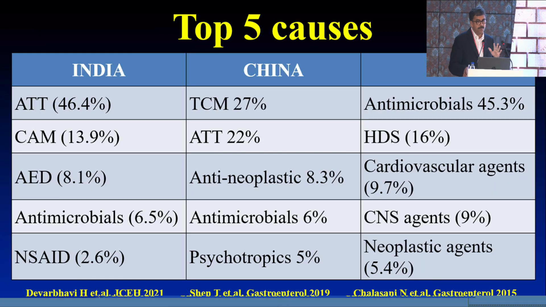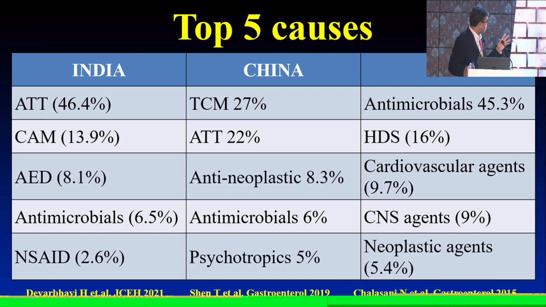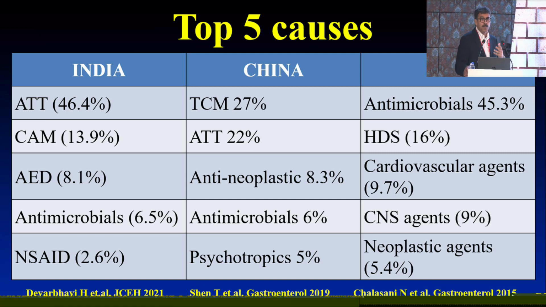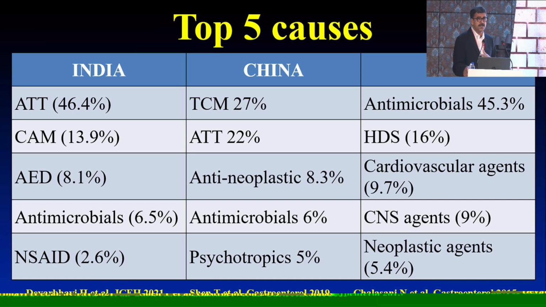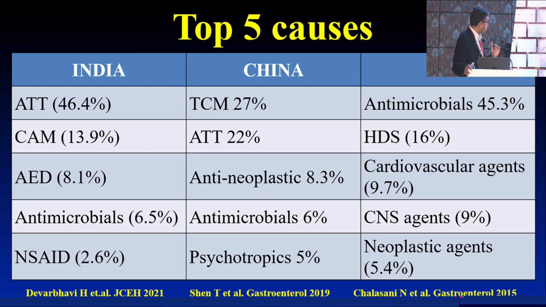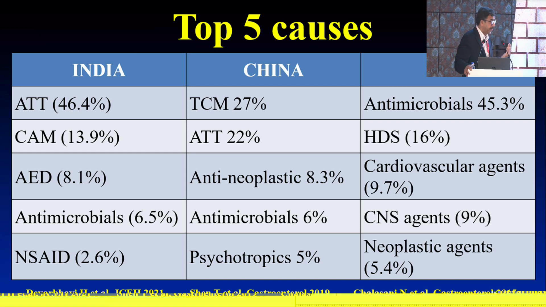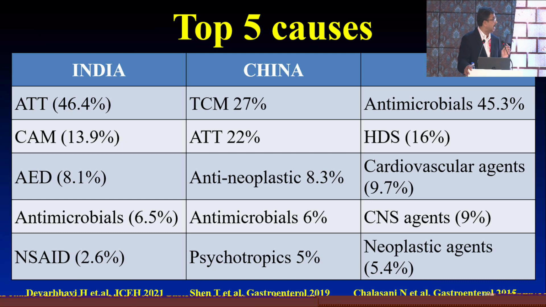Now, coming to the top 5 causes, I listed 2 large populations, India, China, as well as USA. And you'll find that amongst antibiotics, in India, it's anti-TB drugs. Overwhelmingly, almost 50% of all causes of DILIs are due to anti-TB drugs, followed by complementary medicines. And we still have a large percentage, almost around 10%, with anti-epileptic drugs.